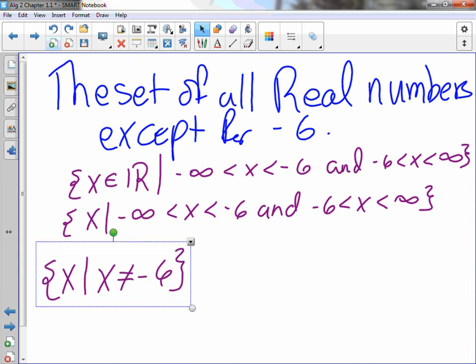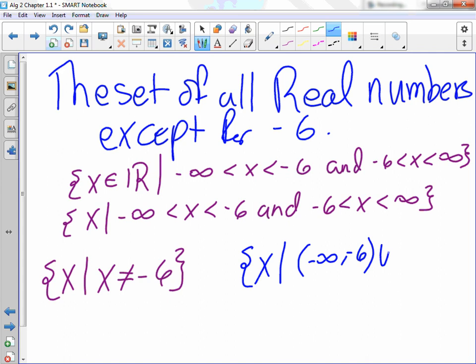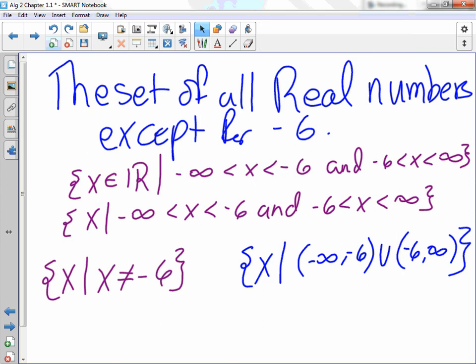You know, because we could also, talking about more upper level math type stuff, do interval notation. And this upside down U is the union. We're talking about the two together.